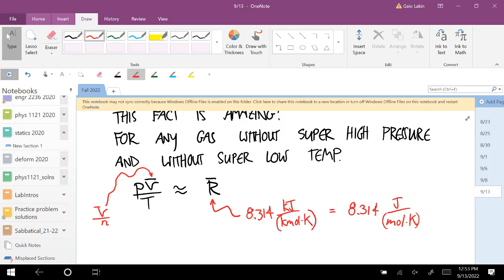In chemistry, I think you see it without the overbar, but here we're using the overbar to indicate that this is a quantity per mole.